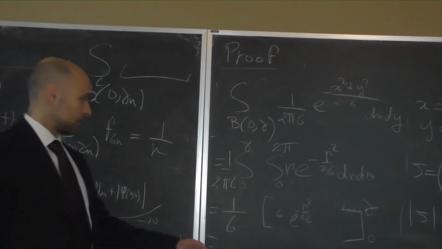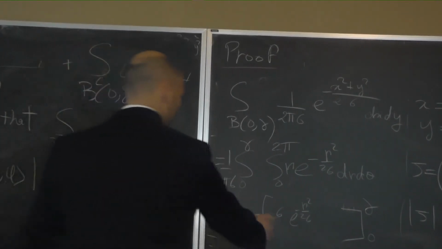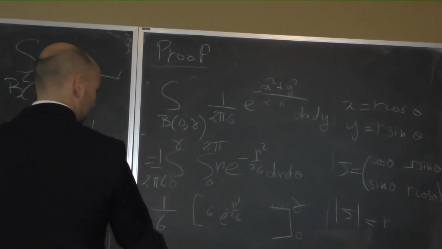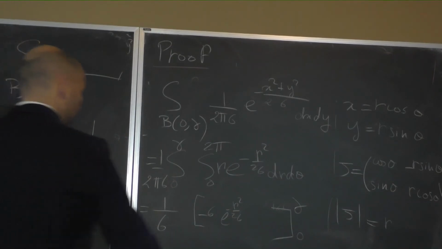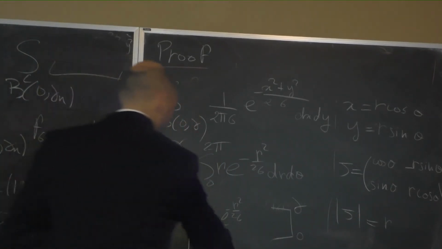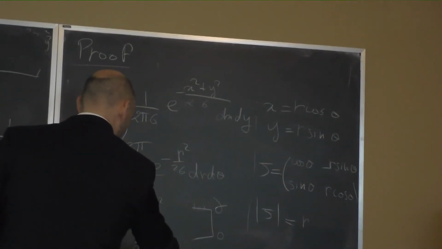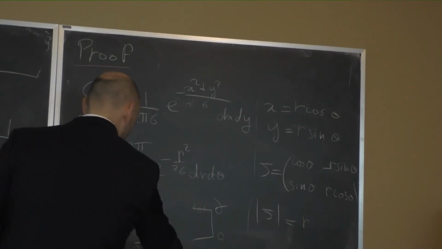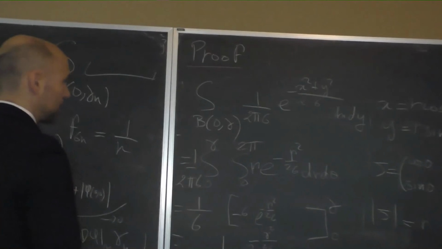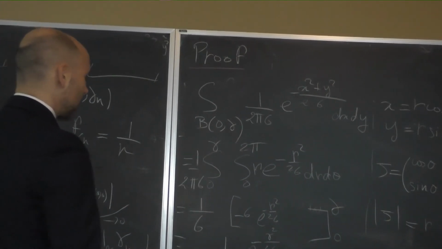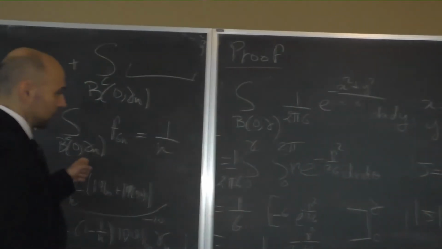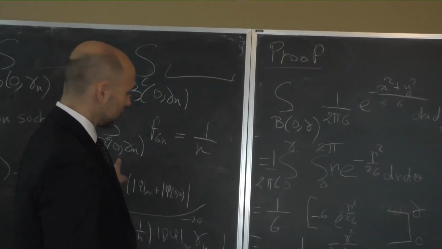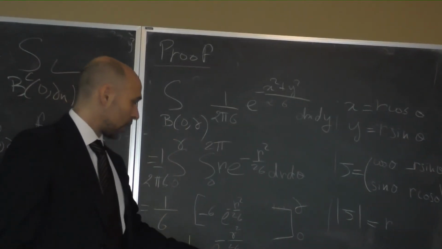Which means that finally I got, and it's a minus, right? So I got 1 minus exponential of minus sigma squared. Right now, I want that to be 1 over n. So this means that this has to be 1 minus 1 over n.